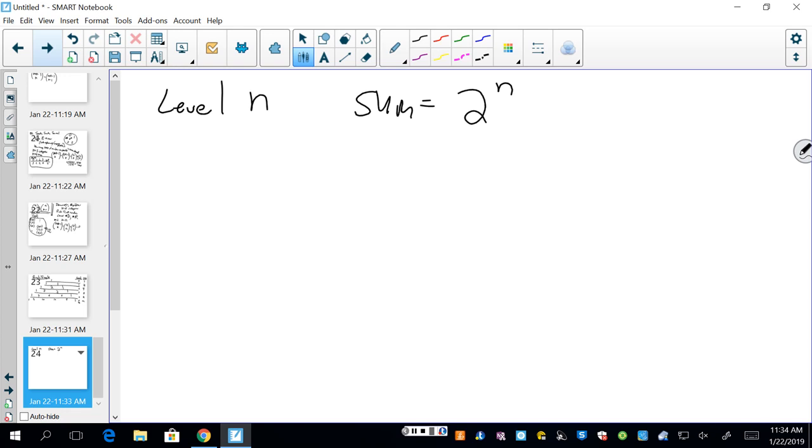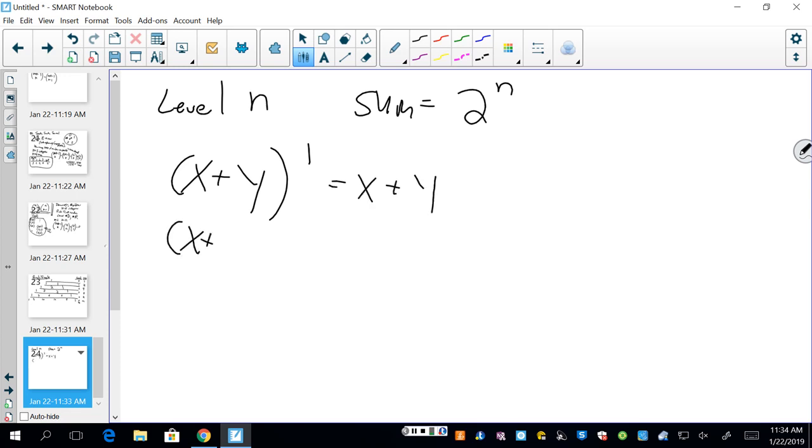Well, let's think about if you have x plus y and raise that to a power. Let's say to the first power. For the first power, that doesn't change anything. It's just x plus y.